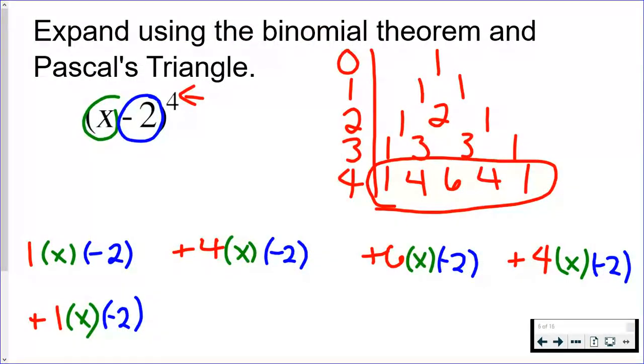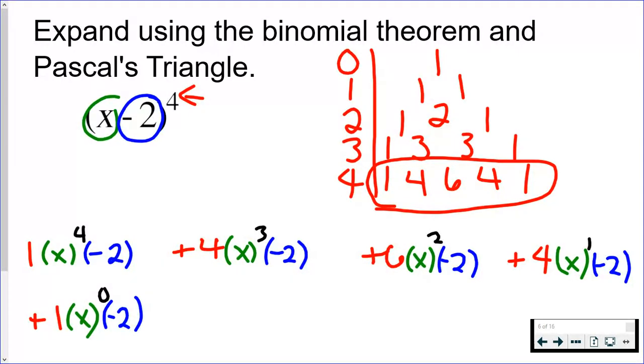The last thing I need to fill in is my exponents. So because this is a degree of 4, I'm going to start with a degree of 4 and then decrease until I get down to 0. So just watch what I do here. So I went from 4 to 0 on each of the x's only.